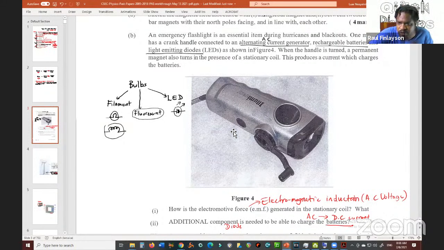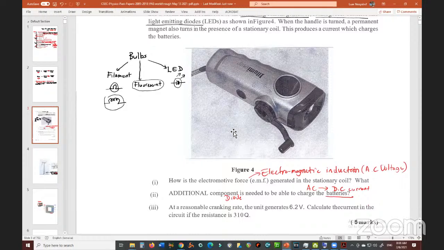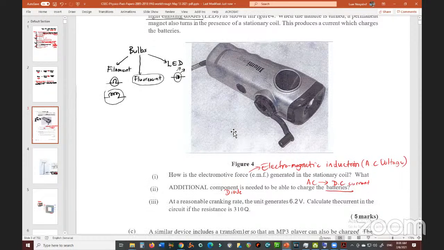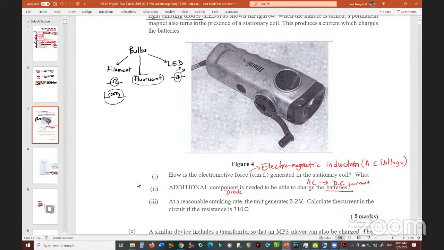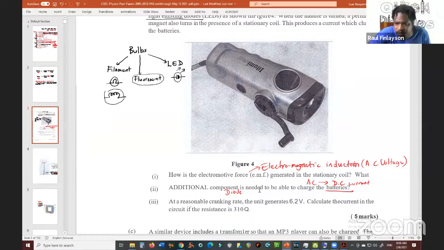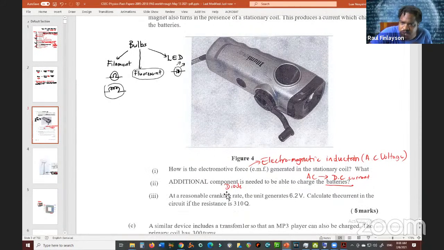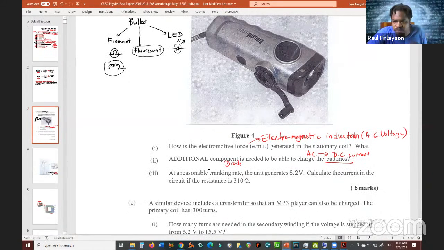I think this is vague. They said what additional component, and they didn't say components are. It refers to one. Probably one. Yes, definitely the diode here. So let's confirm that.